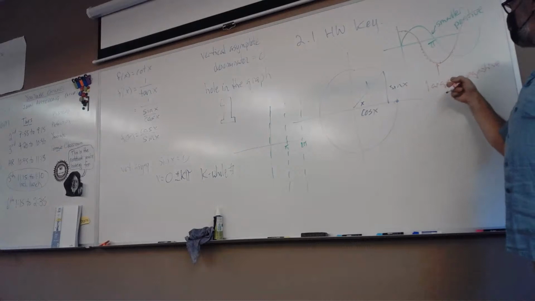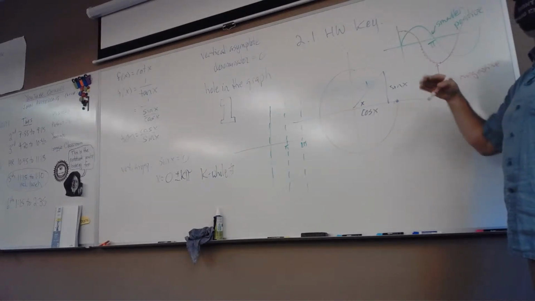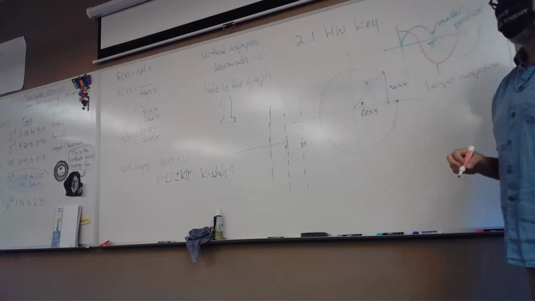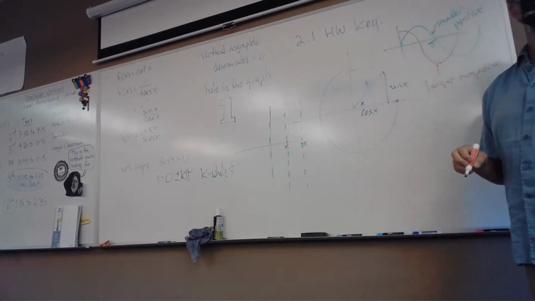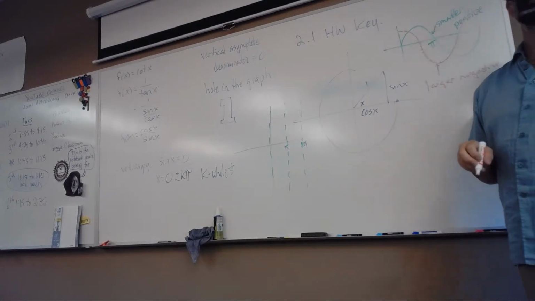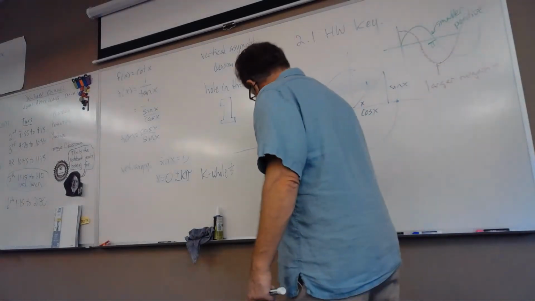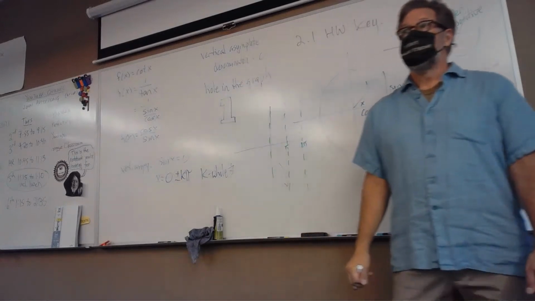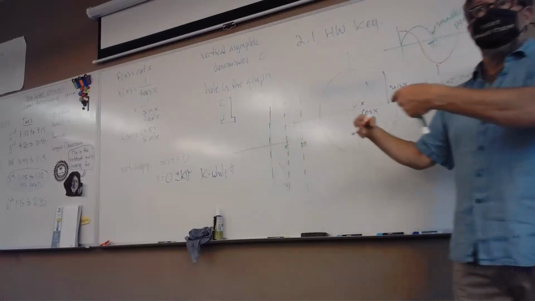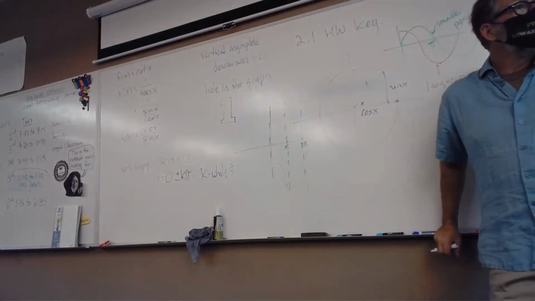Well, what happens if I divide an increasingly large negative by an increasingly small positive? Large negative divided by small positive? My vertical asymptote is going downwards as I come from that side.